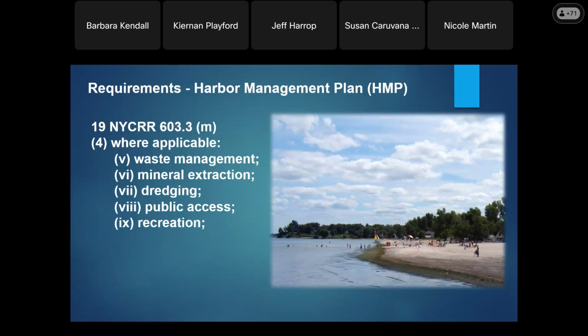This one is really important because water depths relate to what you can do in your waterfront and affect decisions both about in-water activities as well as on-land activities, including waterfront access and how you're going to use the waterfront. So dredging, if that's something that's important and ongoing in your community, will be part of the analysis.